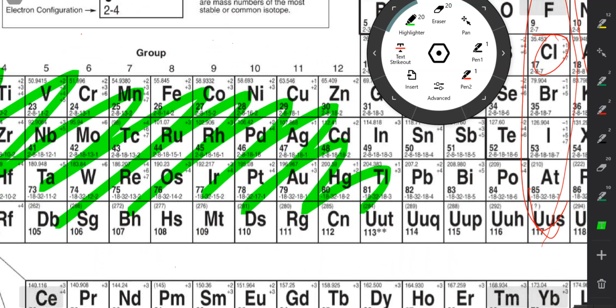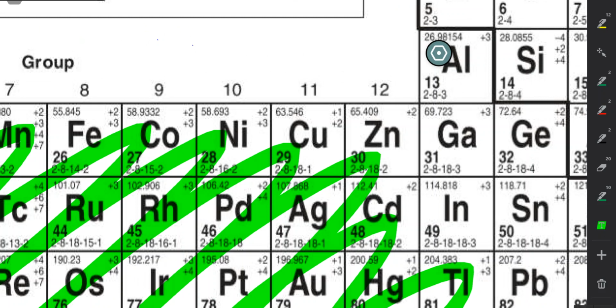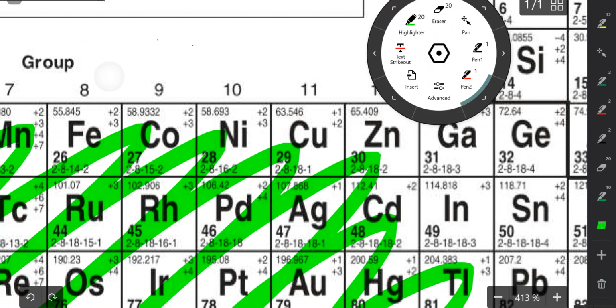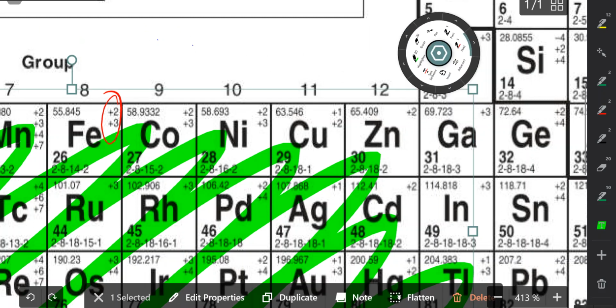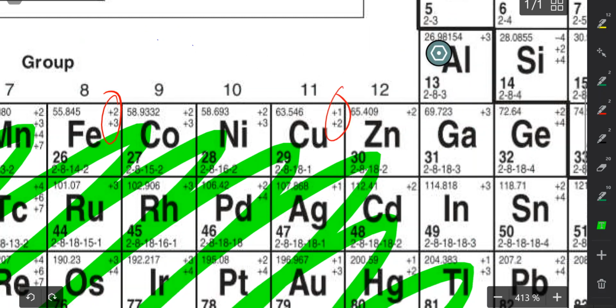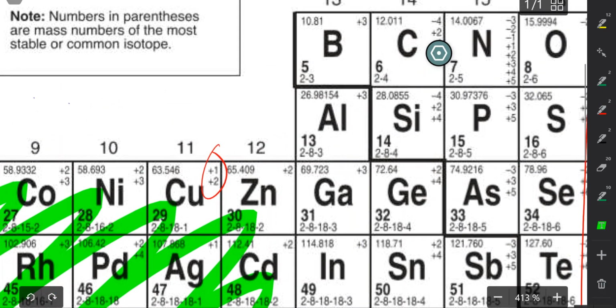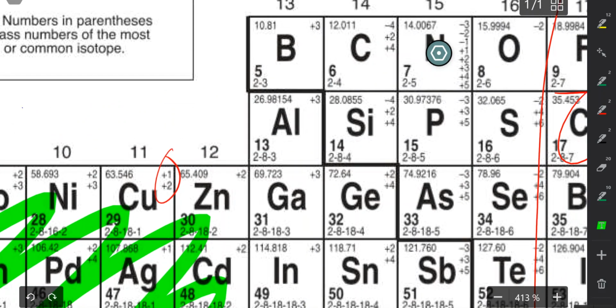Another thing you should notice about these is that they tend to have multiple different oxidation numbers. In other words, they have multiple different charges. So here we have iron +2, +3, copper +1, +2. If these atoms react with other elements, for example oxygen, copper can form 2 different compounds.